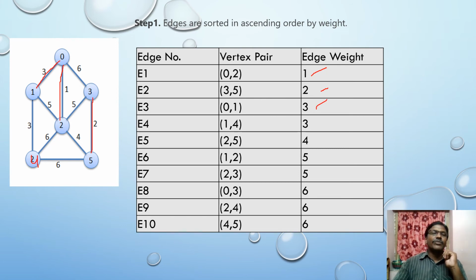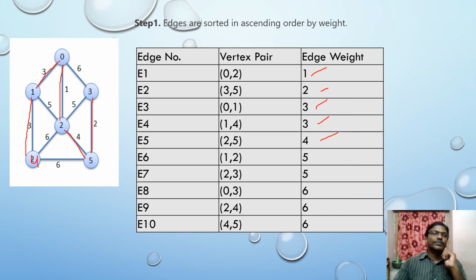The next one is 1-4, connecting 1 and 4. Next 2-5.